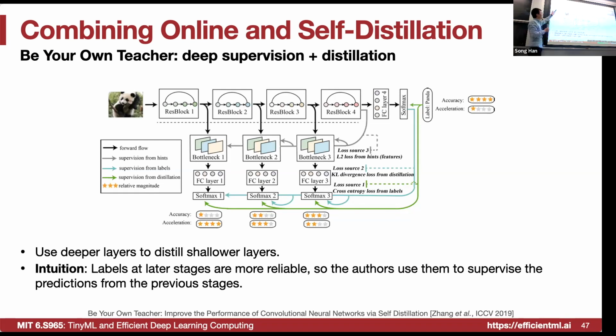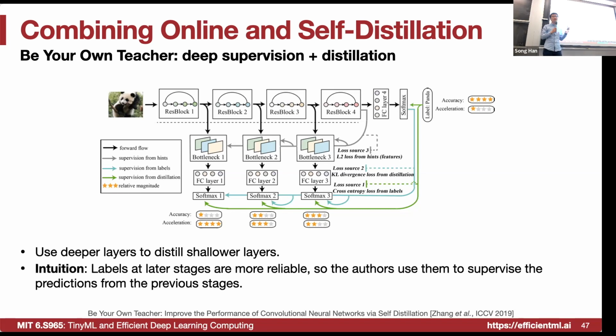And finally, we can combine this online learning and also self-distillation. Here we have several res blocks, shallower layers versus deeper layers. Usually we get more confident predictions as we enter the later layers.